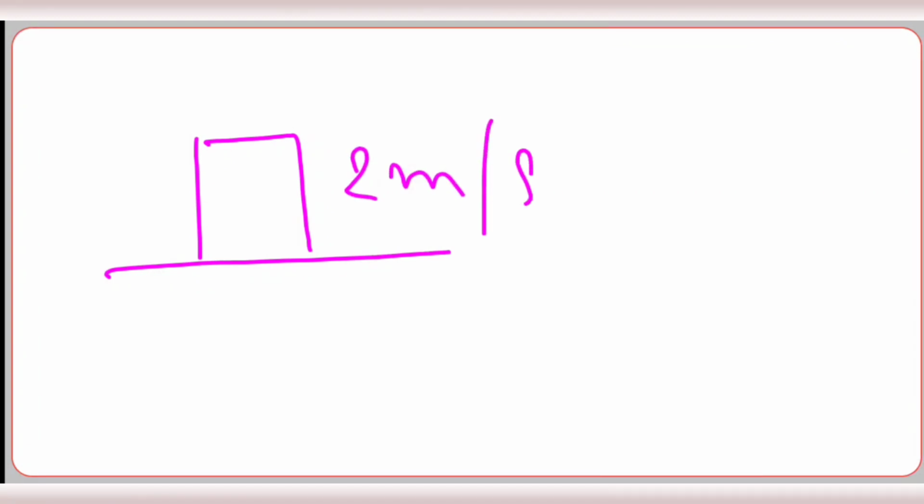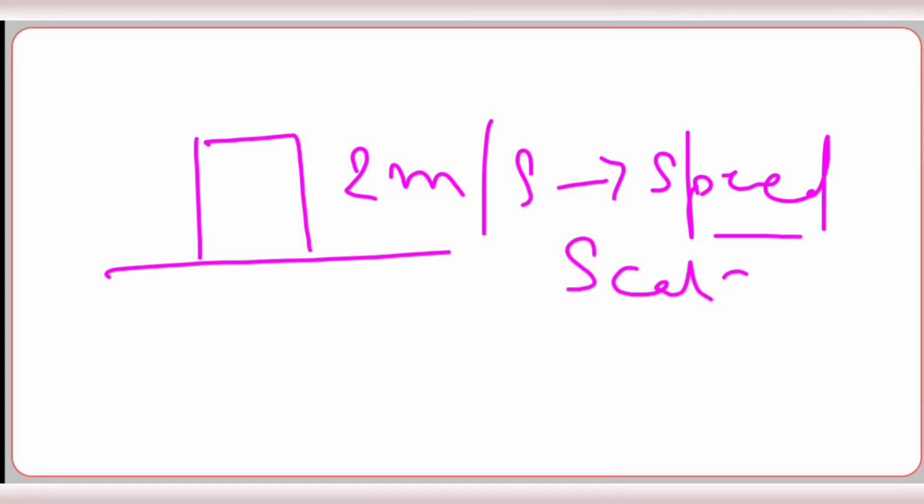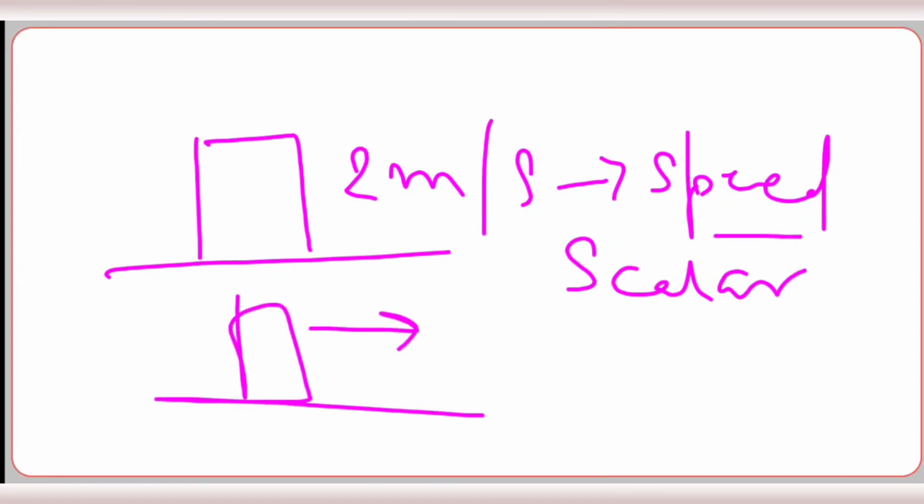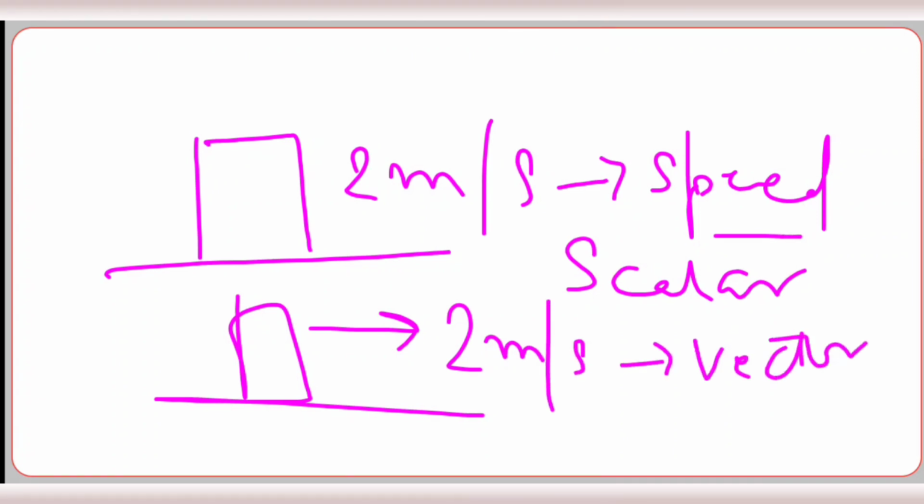If we take a block moving with 2 meters per second, this is a speed, and speed is a scalar quantity, so we only have a magnitude. And when I say that this block is moving in the east direction with 2 meters per second, then we say this is a vector quantity.